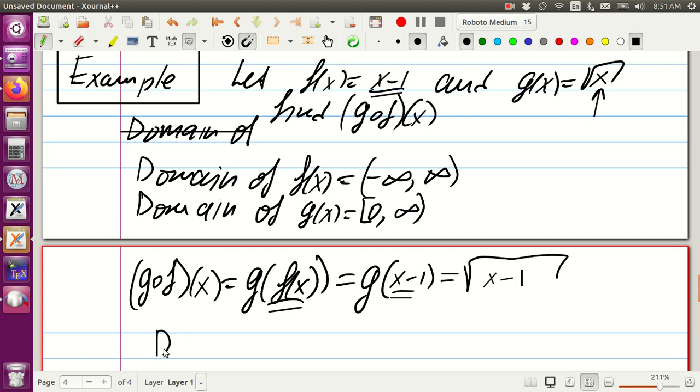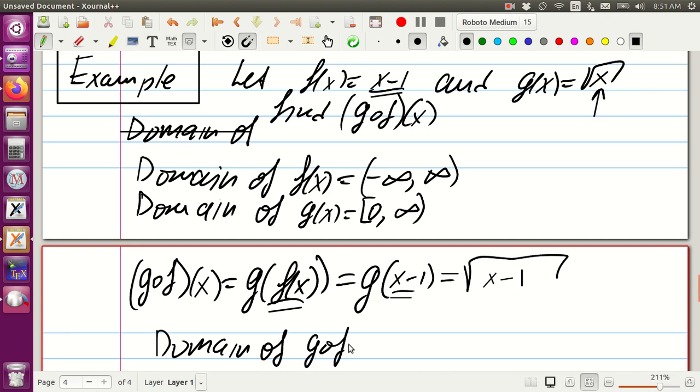So what would be the domain of g composed with f? So basically, we need to take all of the values from the domain of f, but the domain of f was all real numbers, such that g would work, all right?